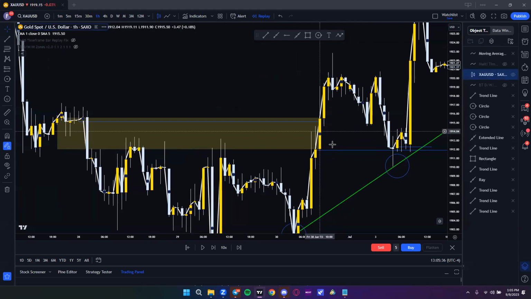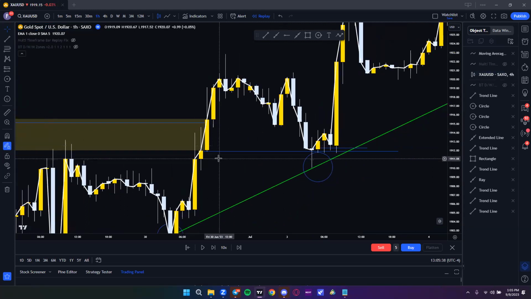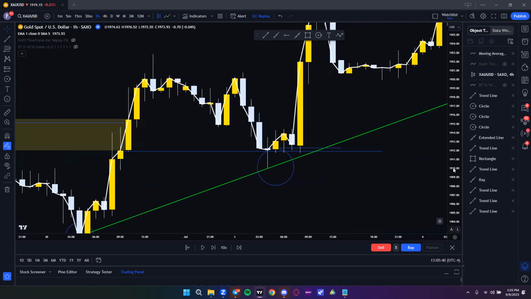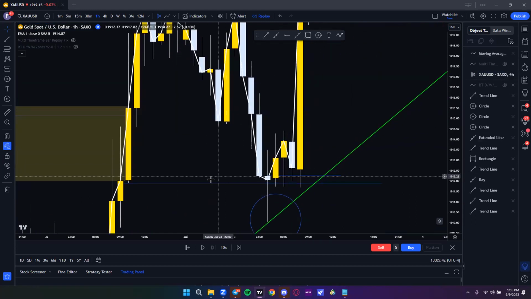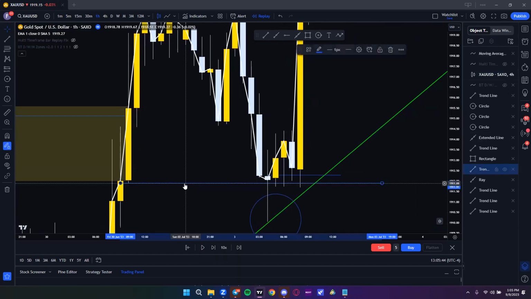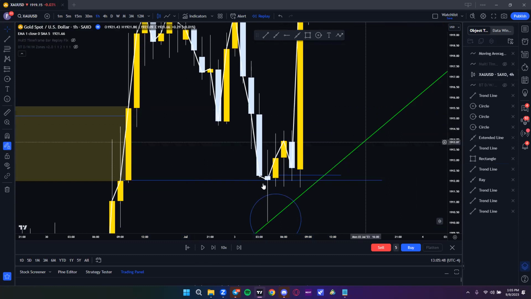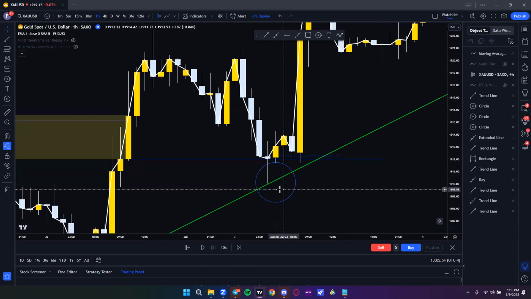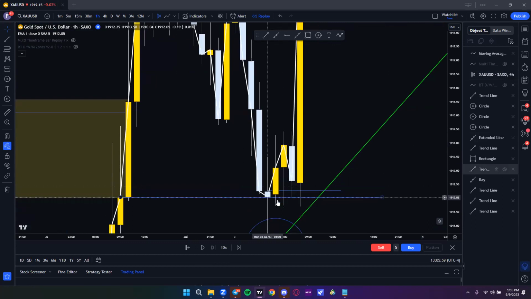It broke. The source came here, and you see that it rejected. So this open and close, it rejected it, and then it confirms it. You can enter at this level.